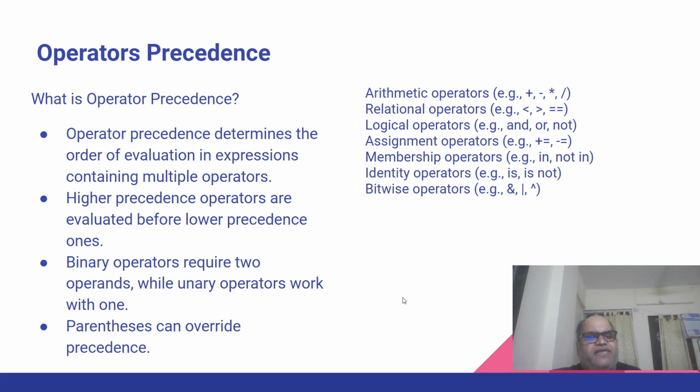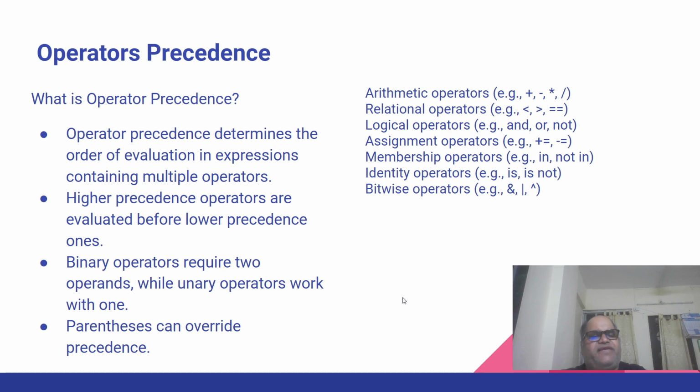One thing we have to keep in mind is that higher precedence operators are evaluated before lower precedence ones. Operator precedence determines the order of evaluation in expressions containing multiple operations. The two important things are binary operators, which require two operands, while unary operators require only one. Here the unary operators take precedence.